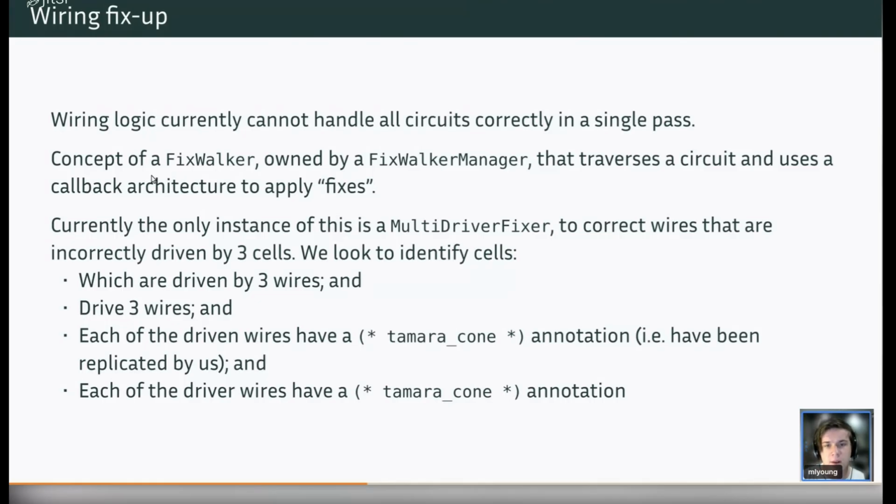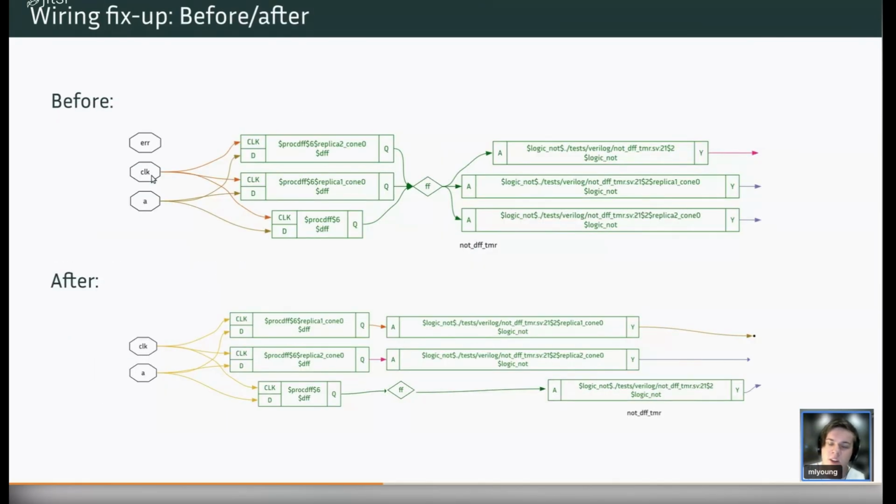So that looks like this. At the top, you can see we have these 3 D flip-flops that are coming in and driving this single flip-flop wire, and then that flip-flop wire is in turn driving 3 of these logic NOT cells. And you can see that after this has been fixed up, the solution makes sense, right?